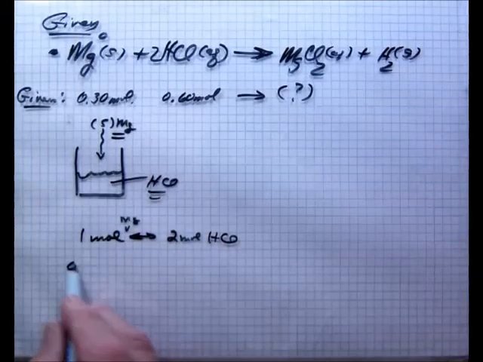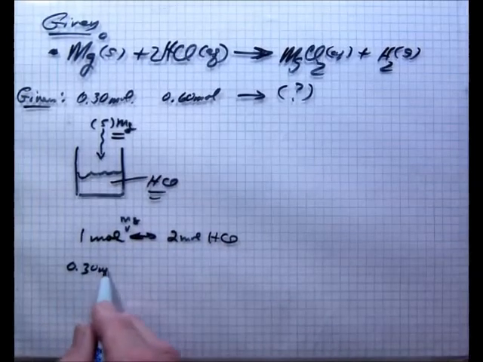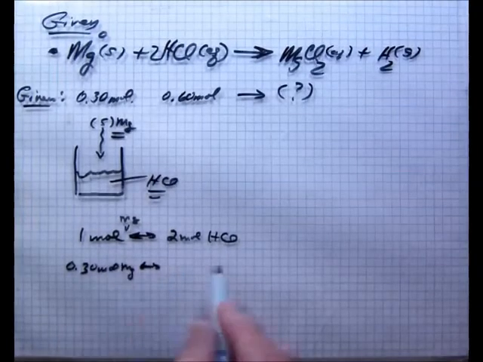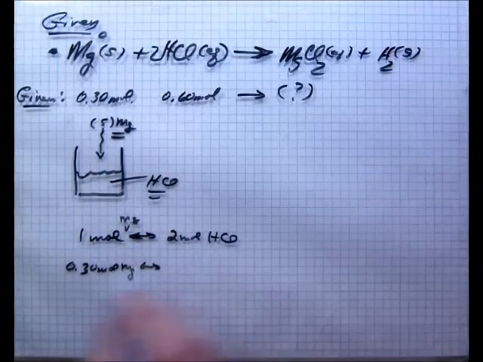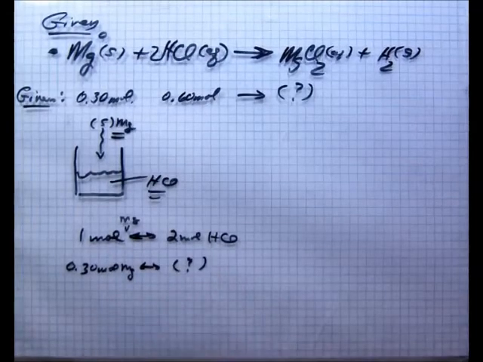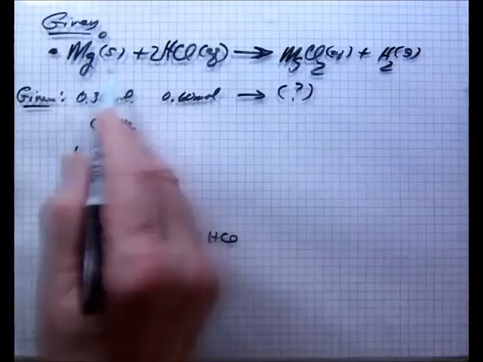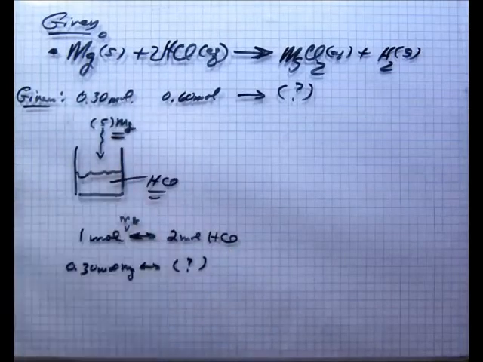Question is, how many moles of magnesium, how many moles of HCl, will you react with 0.3 moles? And this is what I mean by relating it back to the standard equation. See, this is given, and it's always a known.